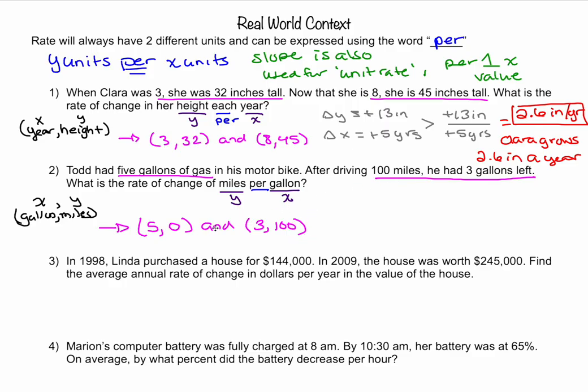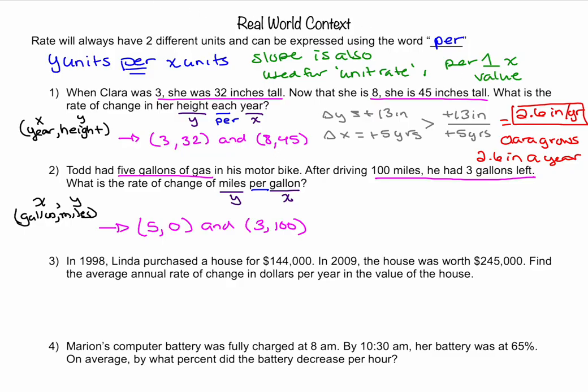So now we can find our rate of change of miles per gallon. And we again want to understand what the unit rate is, because we know that in 100 miles, he has used so much gas. But how much gas does he use per just 1 mile? That's really what we're thinking about. Or how many miles can he go in just 1 gallon?